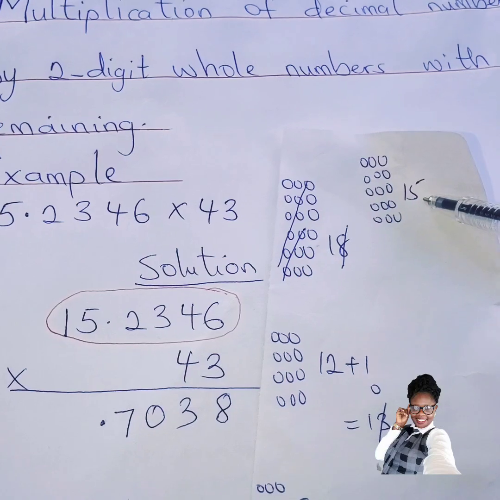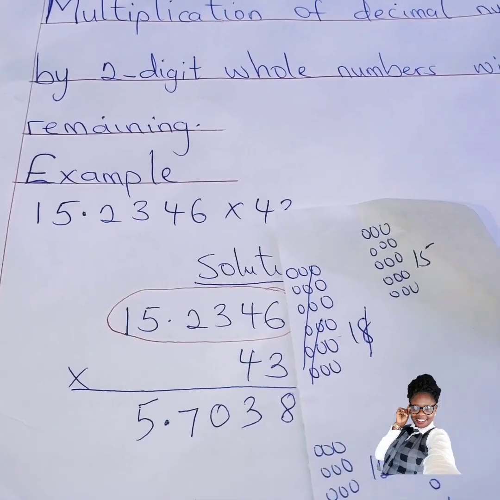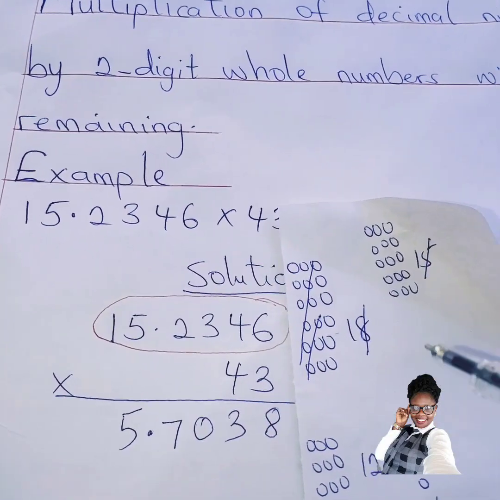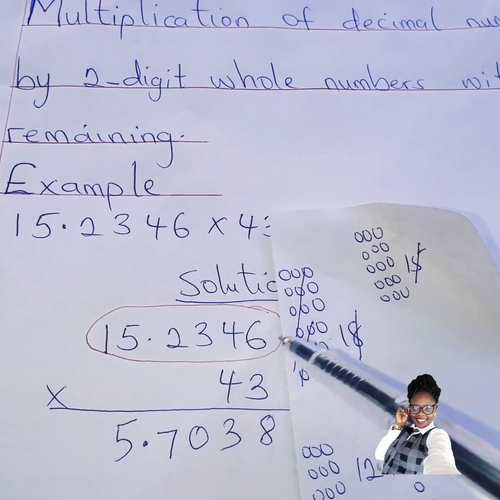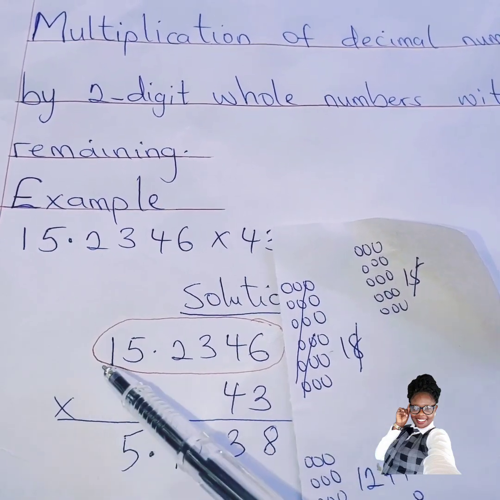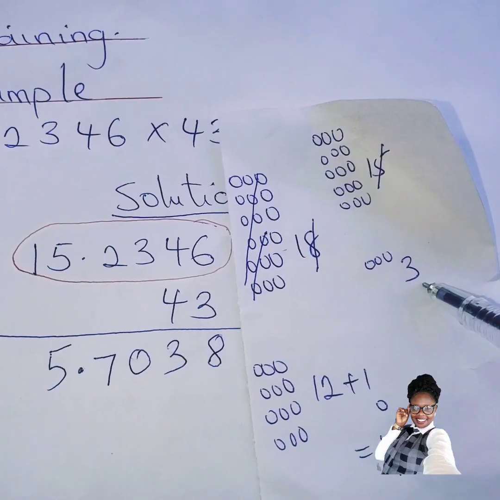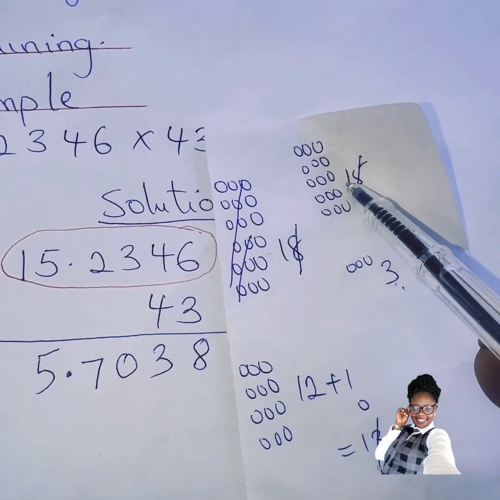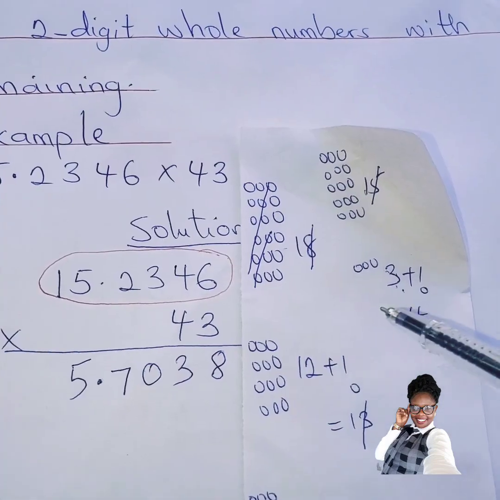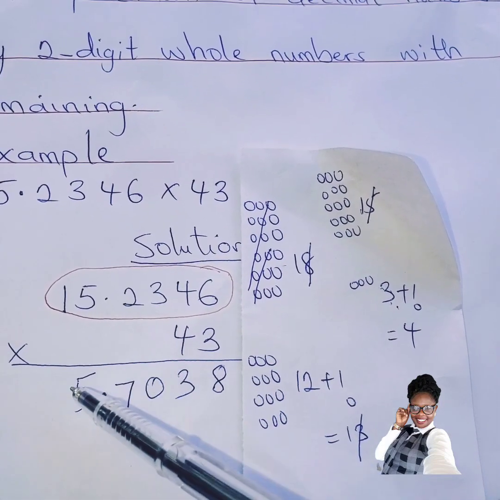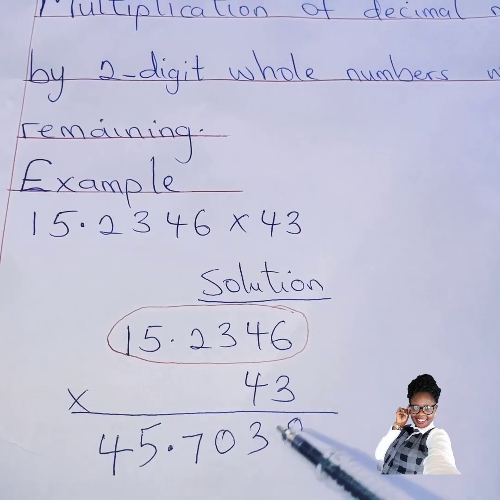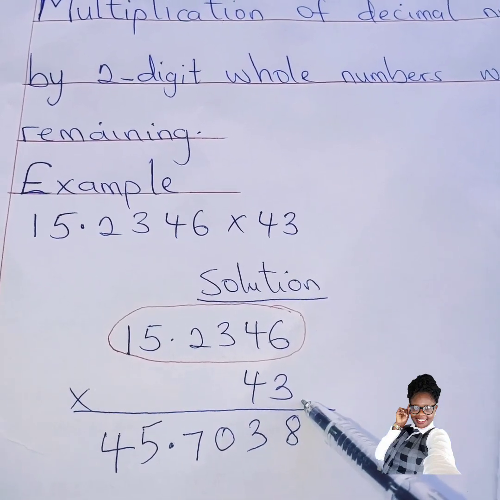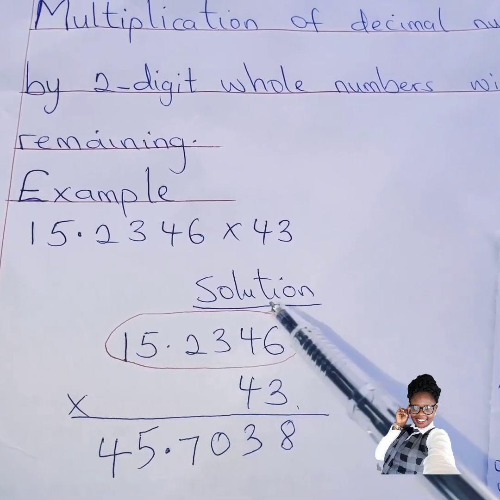I'll write the last digit of my answer here and cross it out here, meaning I'm left with 1. I'll continue. 3 times 1 equals 3. But here I'm left with 1. I'll add the 1 to it. And 3 plus 1 equals 4. I'll write my 4 here. Here it is. I'm done with using the last digit to multiply these numbers one after the other.